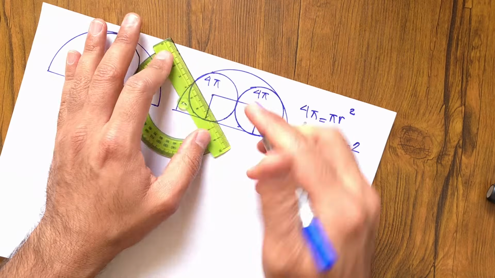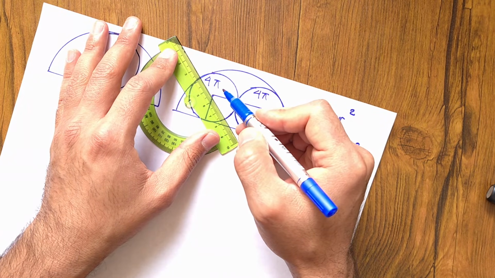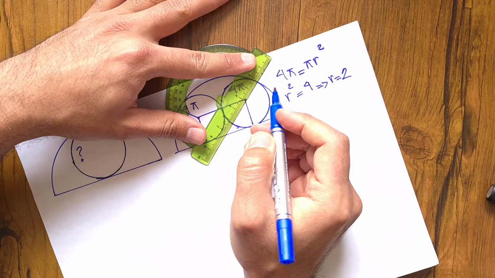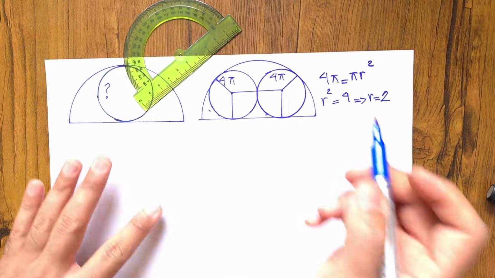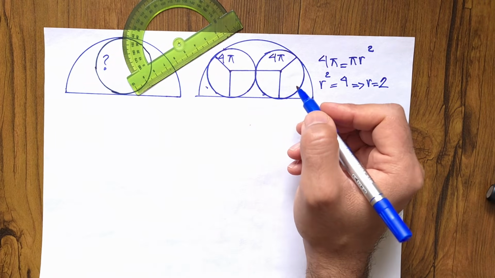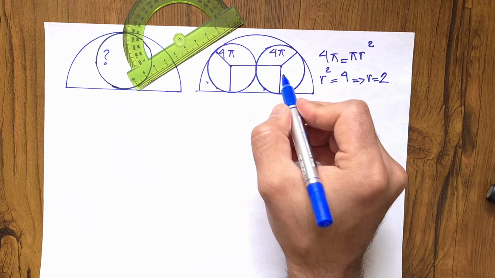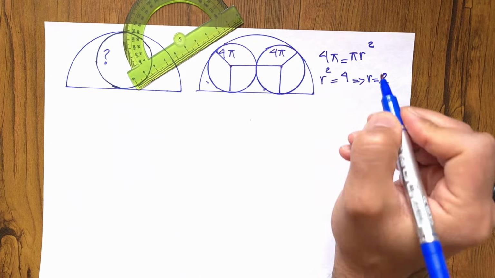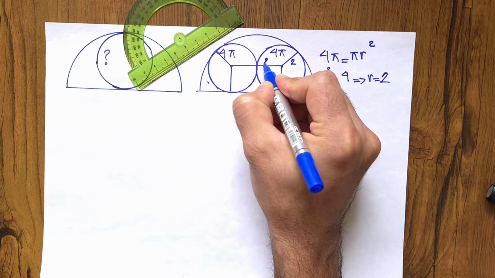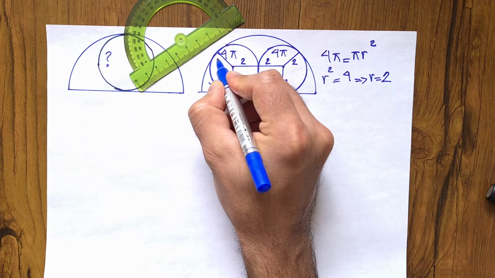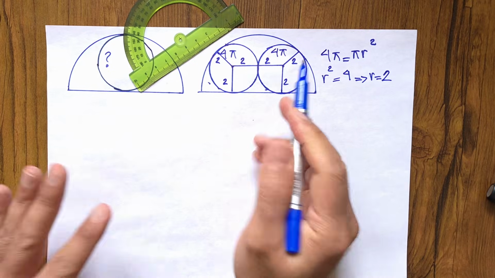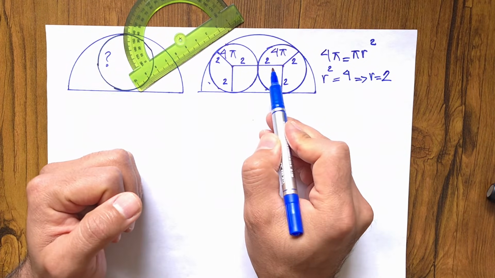Also this one as well, and also this one. So I drew some lines, and each of those segments is the radius of the smaller circle, so each of those has the length of 2. This one is 2, this is 2, so is this, so is this, and so is this. So we know that this combined segment is 4, right?